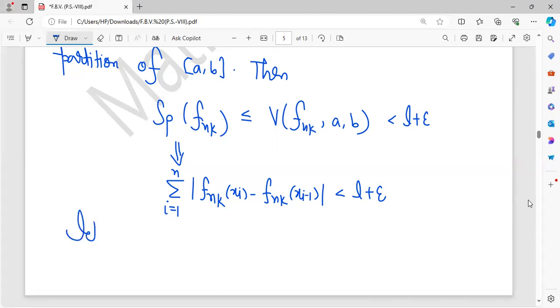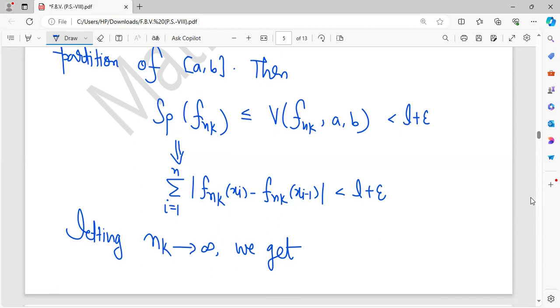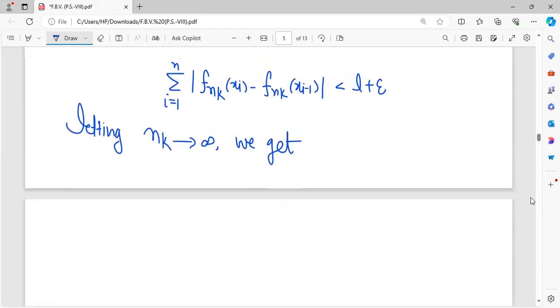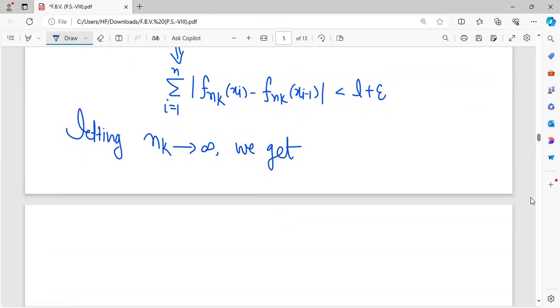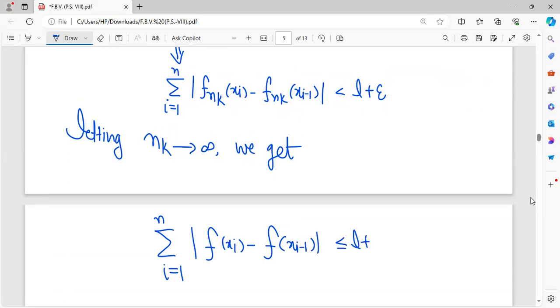Now, letting nk tend to infinity, because each is converging pointwise, we have the summation i from 1 to n of F(x_i) minus F(x_(i-1)). But now the inequality sign will come as less than or equal, because the limit can be L plus epsilon also.